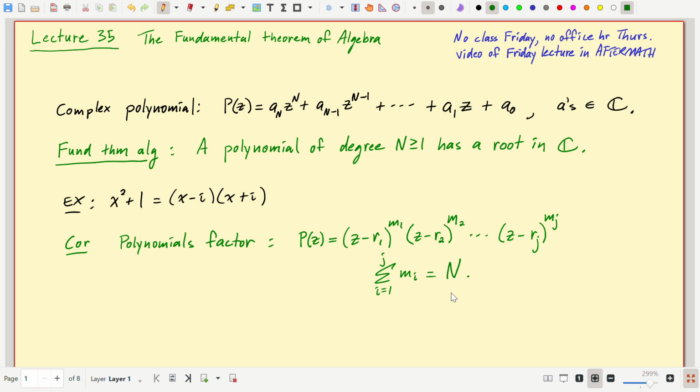And so that's how the complex numbers were invented. And it's a lucky thing that adding that one complex number, i, gives you all you need to solve every polynomial equation. Every polynomial has roots.